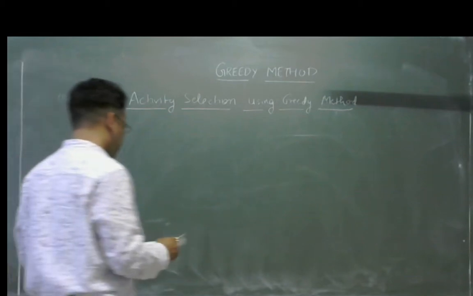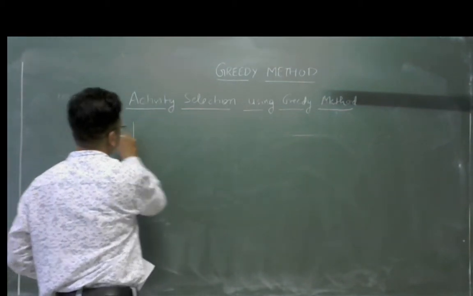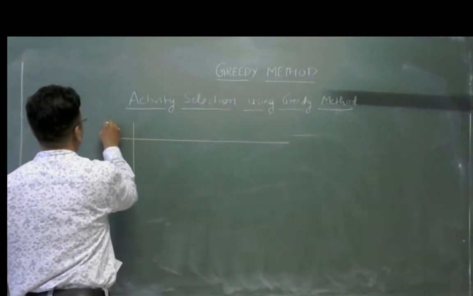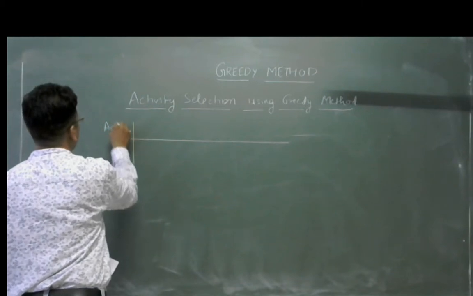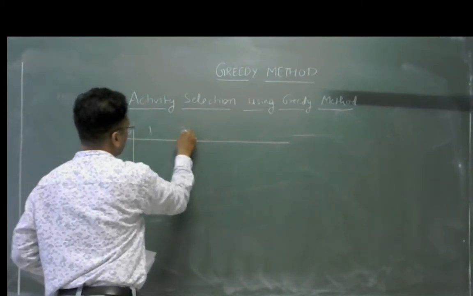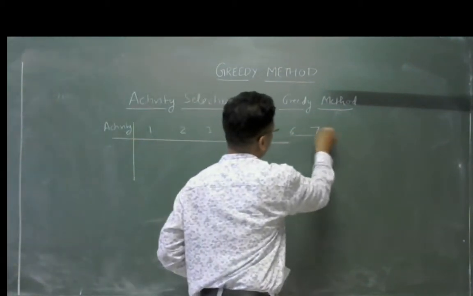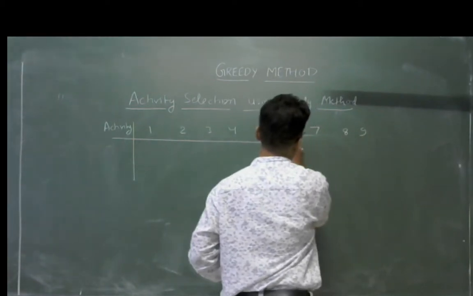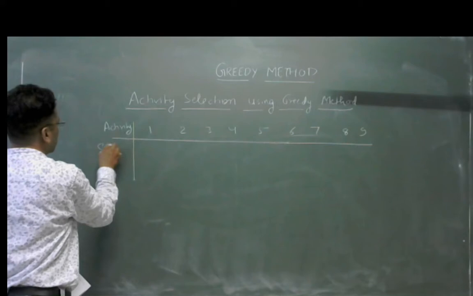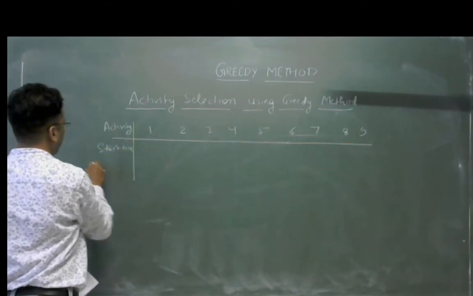So the question is, there is a certain set of activities I am designing. Activities 1, 2, 3, 4, 5, 6, 7, 8, 9, with start time and finish time.